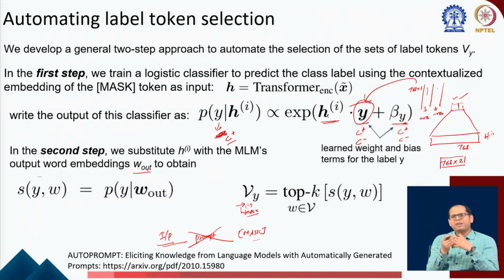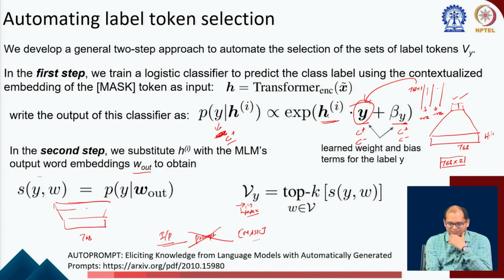You may not tie this with your embedding matrix, so you may have separate output embeddings for each word. How do you go from 768 dimensions to your vocabulary? You have an unembedding matrix, so each word in your vocabulary has a 768 dimension embedding.